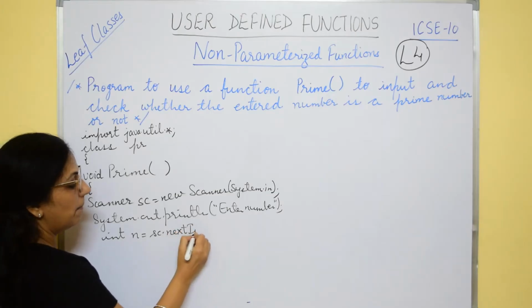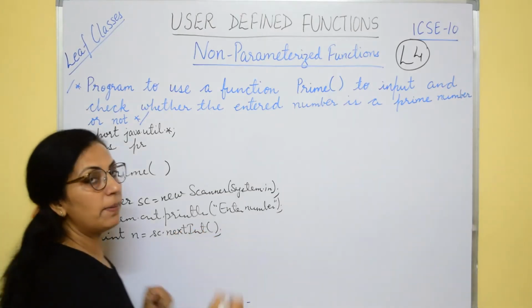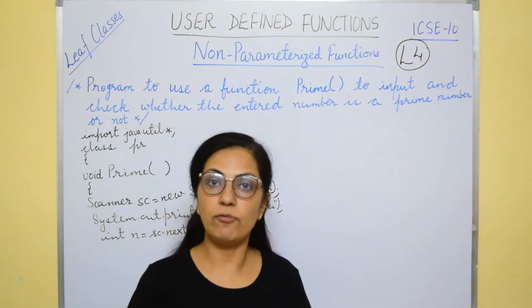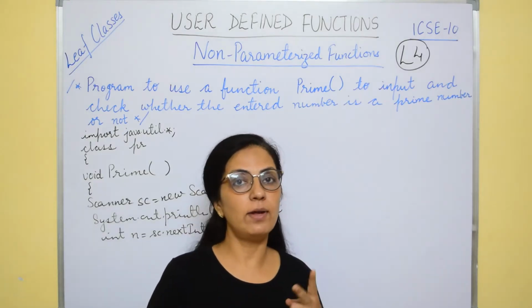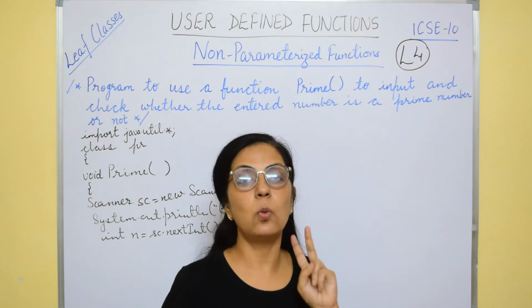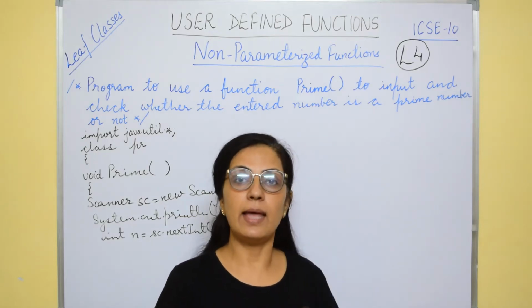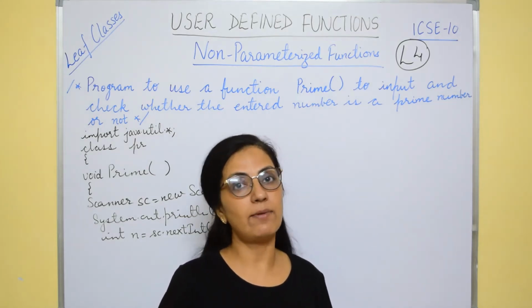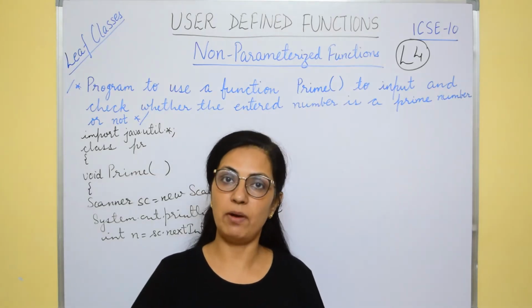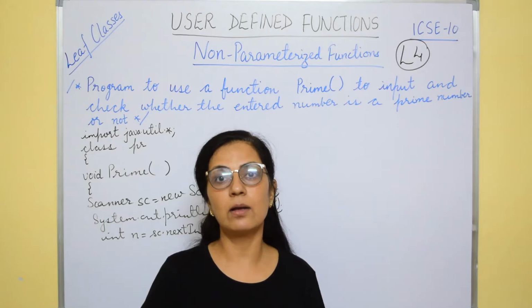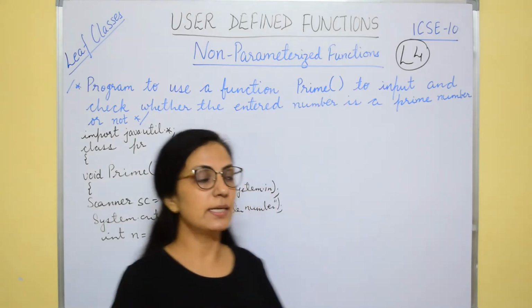sc.nextInt(). By now I suppose everybody knows how to check for a prime number. If the number of factors of a given number is only 2, 1 and itself, then that number is a prime number, otherwise it is not a prime number. You can go to the prime number video and check the logic and the statements in detail.